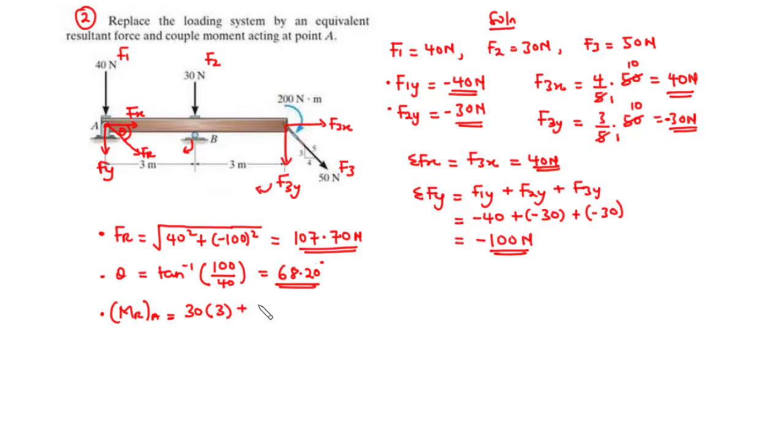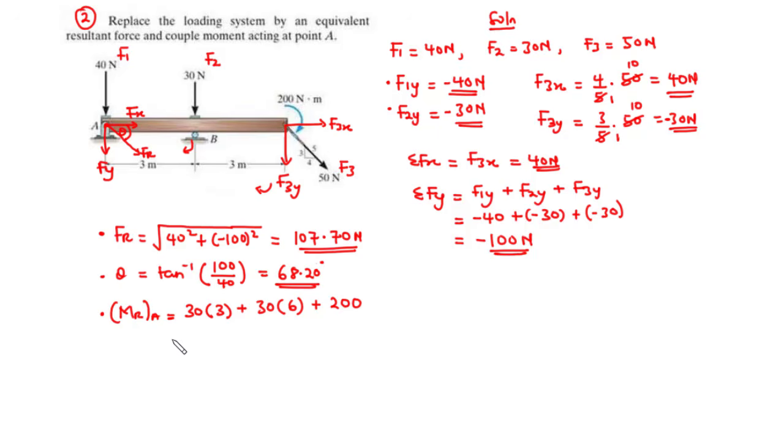So you are going to have plus 30 times 6. Now you come to F3x, and the line of action of F3x passes through A. So the moment about A for this force is 0. And then we have moment 200 Newton meter taking the clockwise direction.